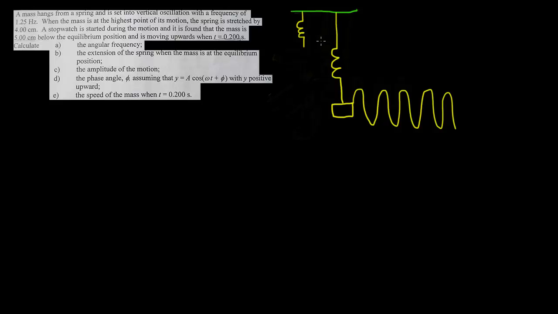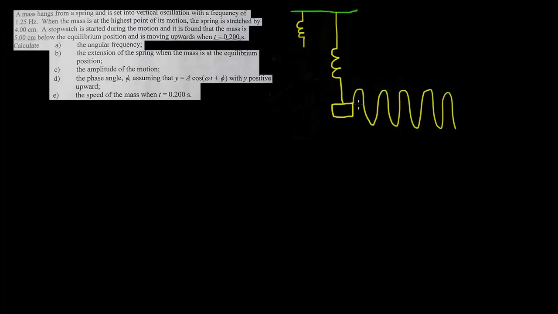So what does the problem tell us? This is what's going on in this problem. We don't know if it starts going up initially or going down initially, but this is the motion that it's going to go through at some point. The first sentence tells us a mass hangs with vertical oscillation of 1.25 hertz. That means there are 1.25 cycles every second.